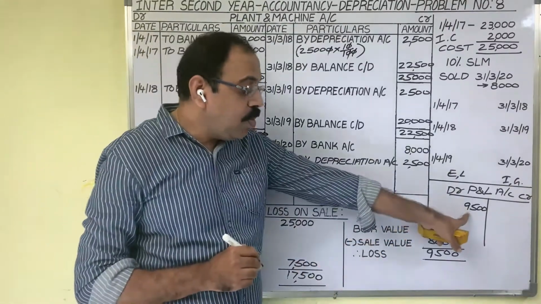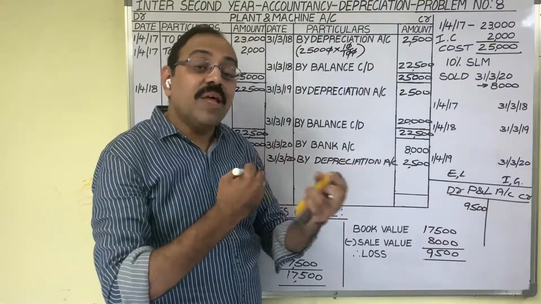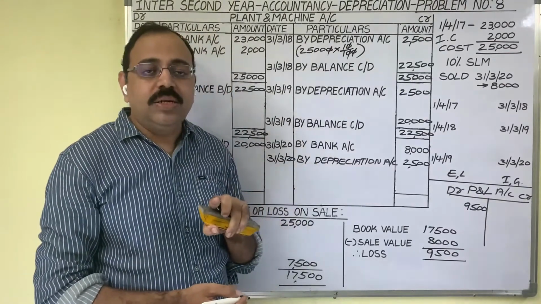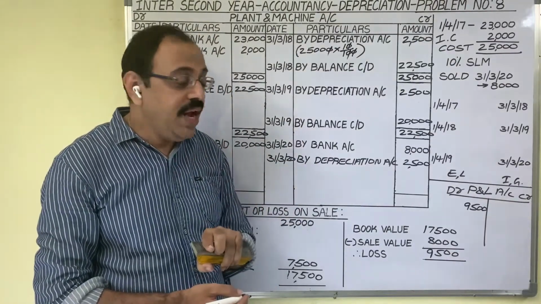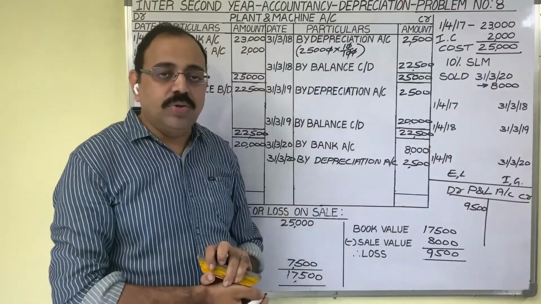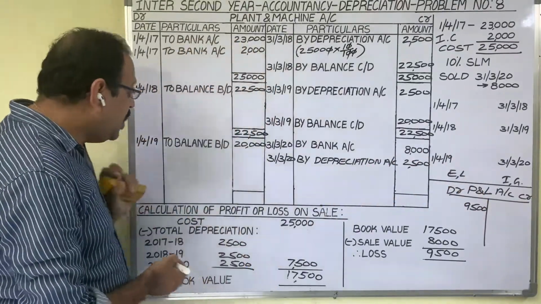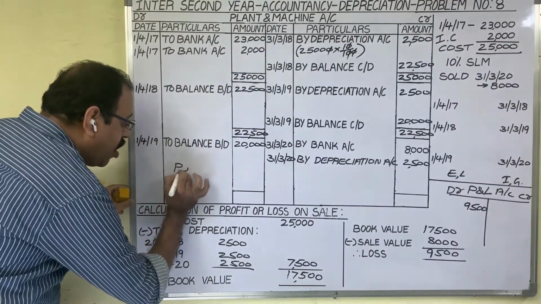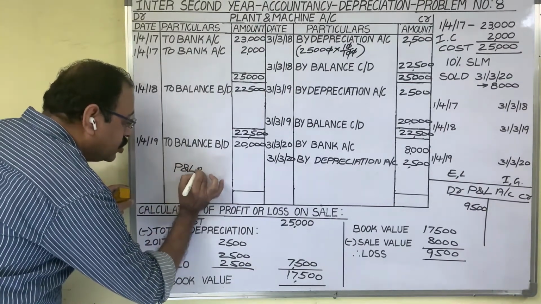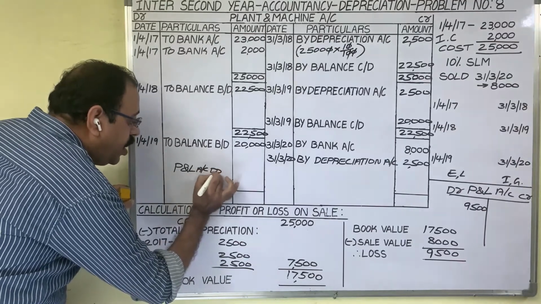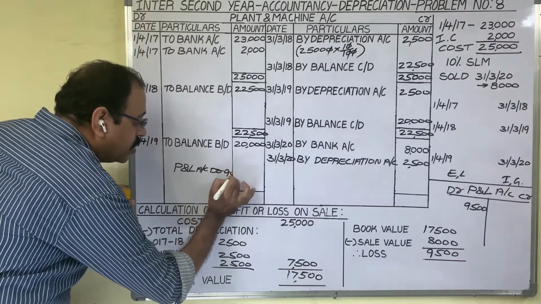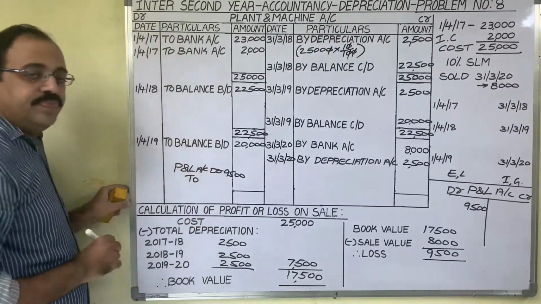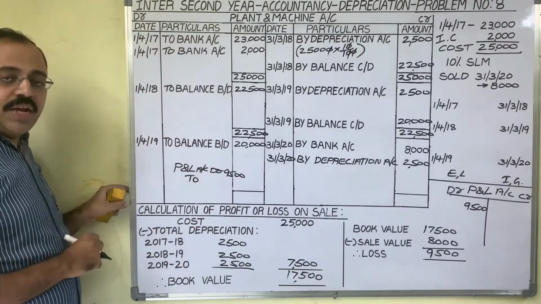Based on this posting, let us frame the entry now. If you want to debit 9,500 to P&L account, while writing the journal entry also, we should debit profit and loss account. Profit and loss account debtor, 9,500, to which account is to be credited?